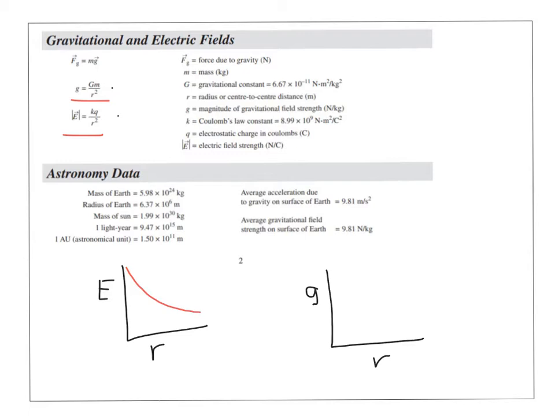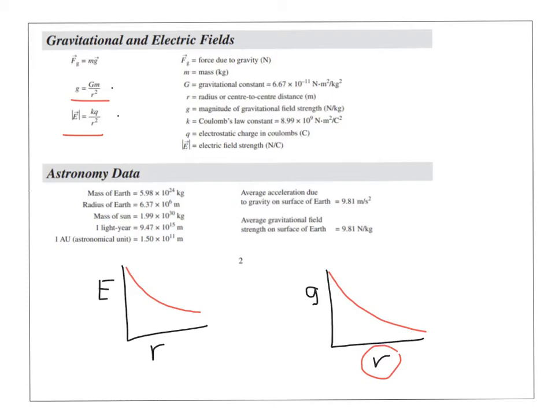So as I get further away, the force or the field gets weaker. And that should kind of make sense. There is a gravitational field and a gravitational force felt on me from, like, Jupiter. However, because Jupiter is so far away, that gravitational force is so small.